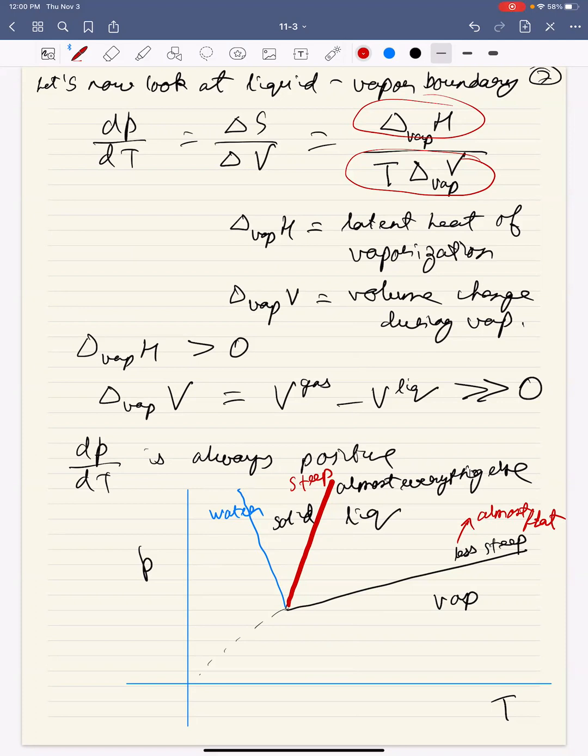You're right. And also, how do we understand which side is which? Is the vapor side on the top, or is it on the bottom? Well, the best way to understand it is at a given pressure, you go from solid to liquid to vapor, right?